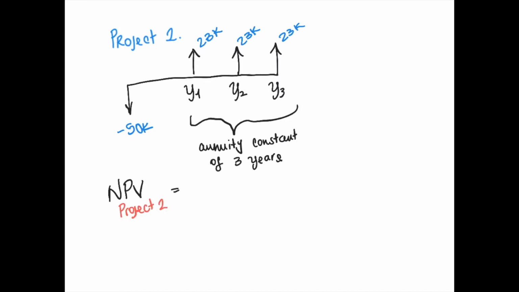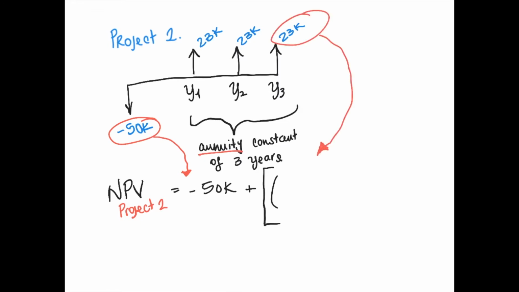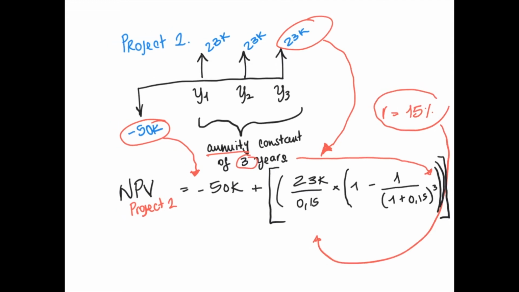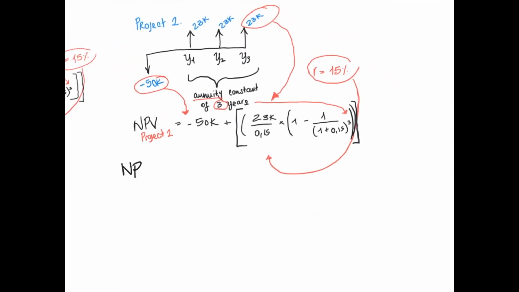So the net present value of project 2 is equal to the initial investment, minus $50,000, plus the annuity formula with $23,000 as a constant payment, divided by the rate, 15%, multiplied by 1 minus 1 divided by 1 plus 0.15 to the power of 3, which is 3 years. The net present value of project 2 is then equal to $2,514.18.